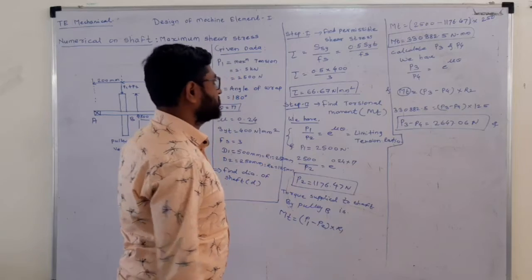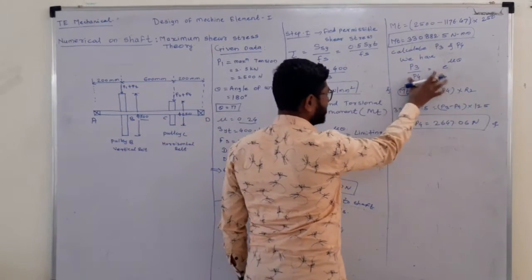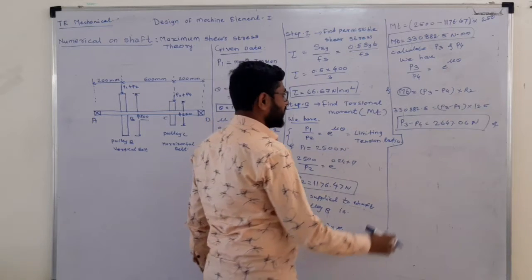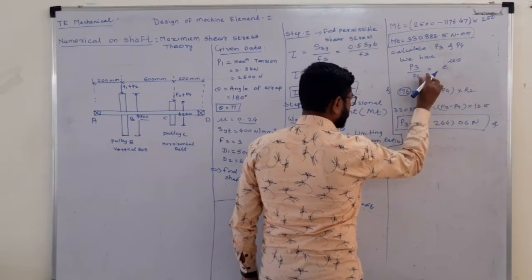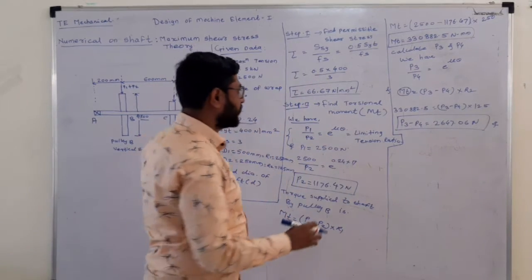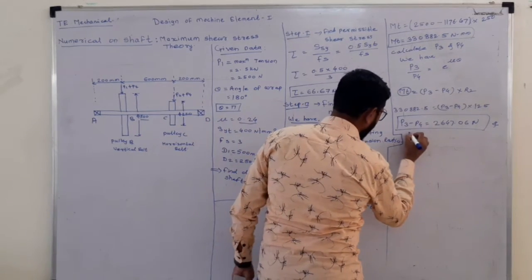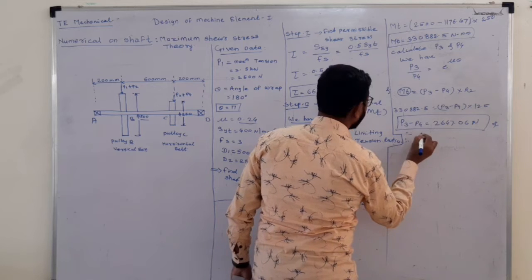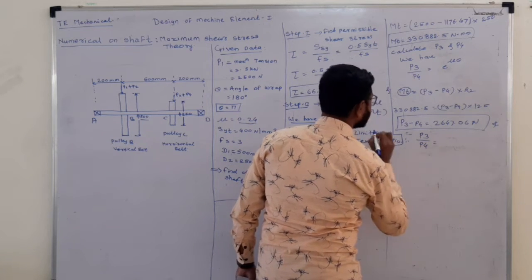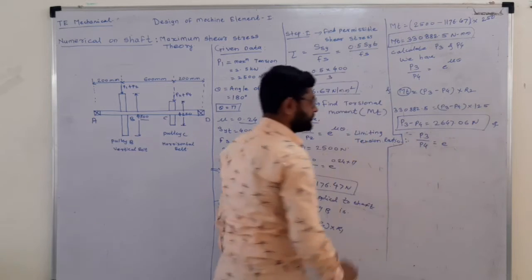Next step is, we know that we have limiting tension ratio P3 by P4 equal to e raised to mu theta. So from these two equations we will get the answer for P3 and P4. We know that P3 upon P4 ratio is equal to e raised to mu.